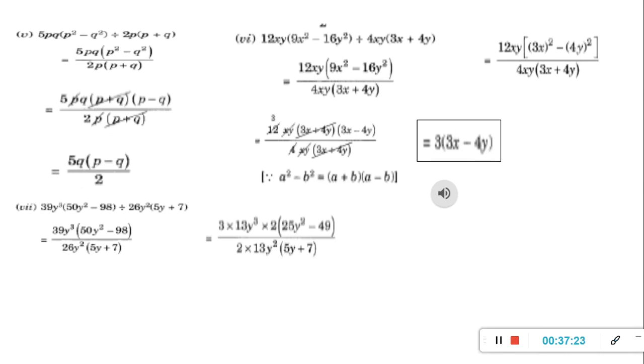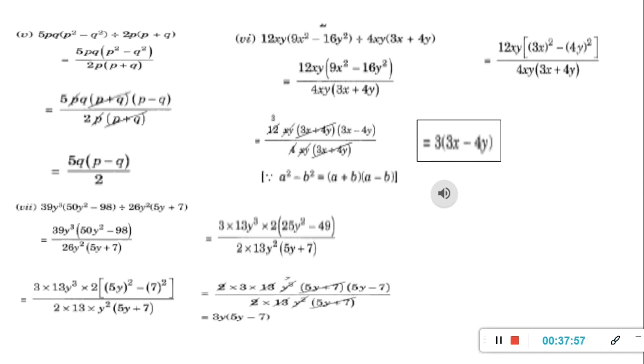Then what will remain? 25y square minus 49. Now we got 25y square minus 49, means a square minus b square, because 25y square can be written as 5y whole square and 49 can be written as 7 square, right? So here we got 3 into 13 y cube into 2 into 5y plus 7 into 5y minus 7. Same way we are having 2 into 13 y square into 5y plus 7.